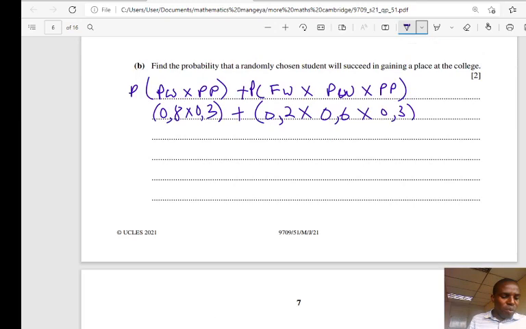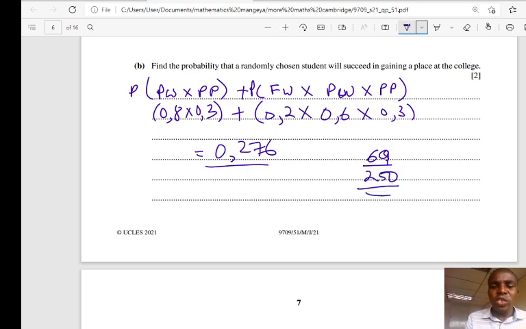So 0.8 times 0.3 plus 0.2 times 0.6 times 0.3. You get 0.276, or 69 over 250. So these are the two answers.